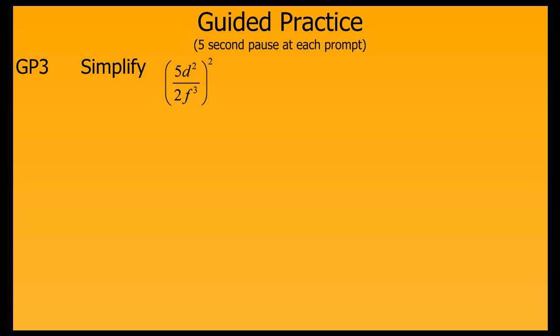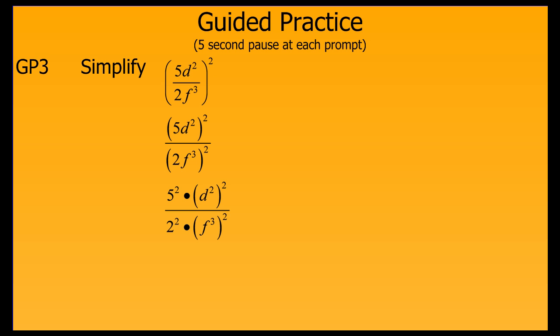Let's try another one. What's different about this one? This one involves a quotient raised to a power. What do we do first? We raise both our numerator and our denominator to the second power. What's next? We raise each factor to the second power.